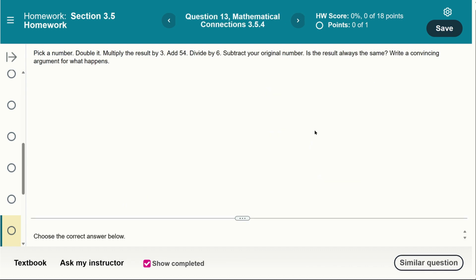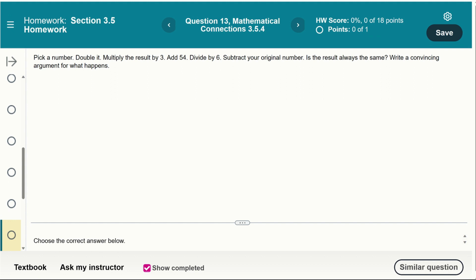All right, let's take a look at this problem. It says pick a number, so we don't know what it is, so we'll just call it x. We're going to double it, so 2x. And we're going to multiply the result by 3, so like so, right? Then we're going to add 54.